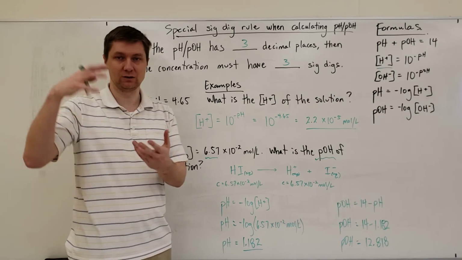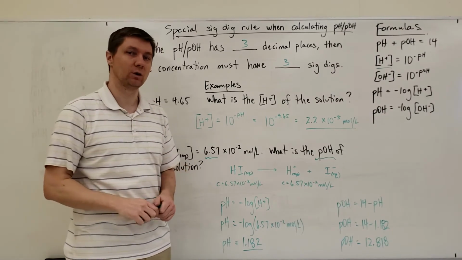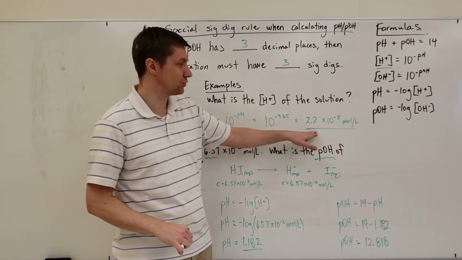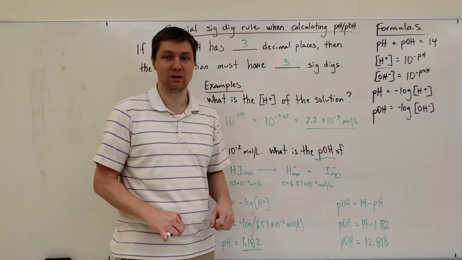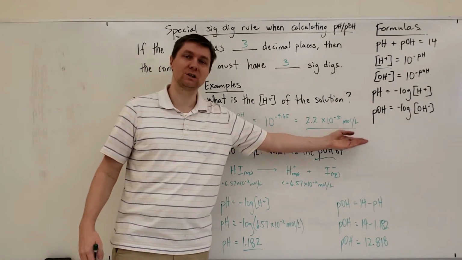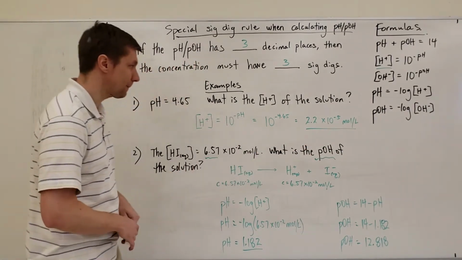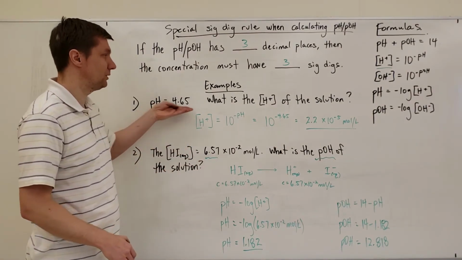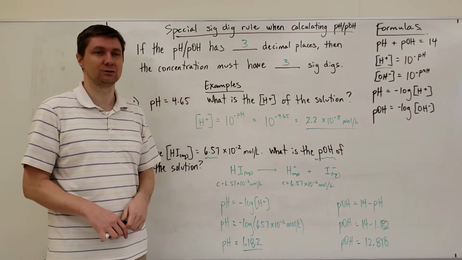That will give you the 10 to the exponent that you want to use. If you plug all this in correctly, you should get 2.2 times 10 to the negative 5. Because this is a concentration, my number is going to come out with units of moles per liter. And that's all you've got to do for those types of questions. Pretty simple. You're given a pH, calculate the H plus ion concentration.